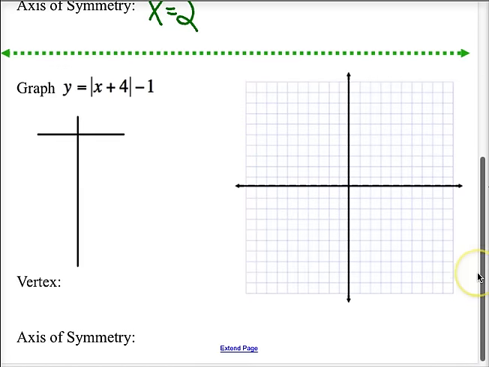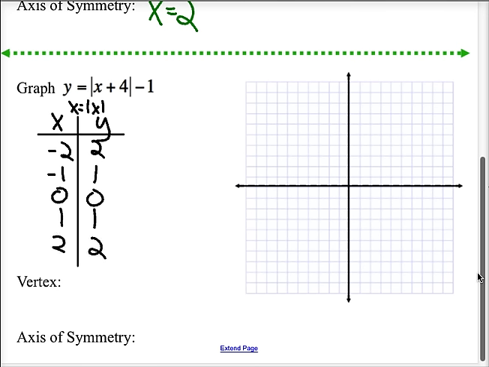All right, what about this one? Well, if we're graphing the parent function, it always starts exactly the same, all right? So there's my parent function. And now let's see what's happening to it.